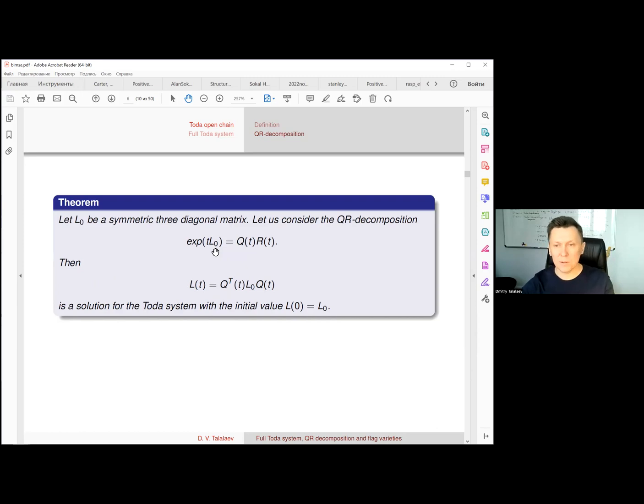It means that the dynamics of the system can be solved just by calculating the QR decomposition of some trivial dynamics.